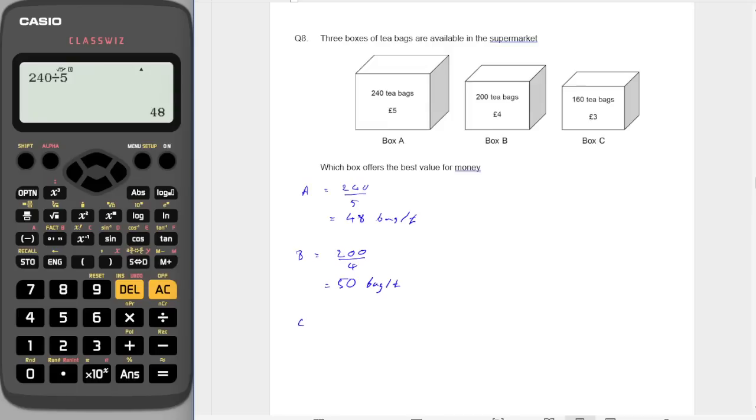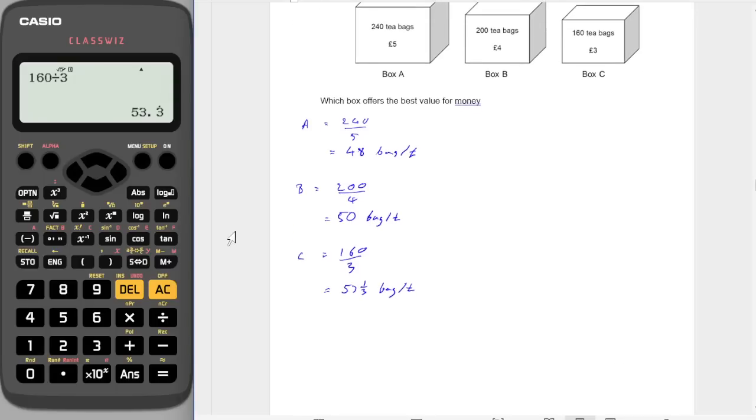And then for box C, same process, 160 divided by 3 gives me 53 and 1/3 bags per pound. So which one is better value? Box C. Box C is better value.